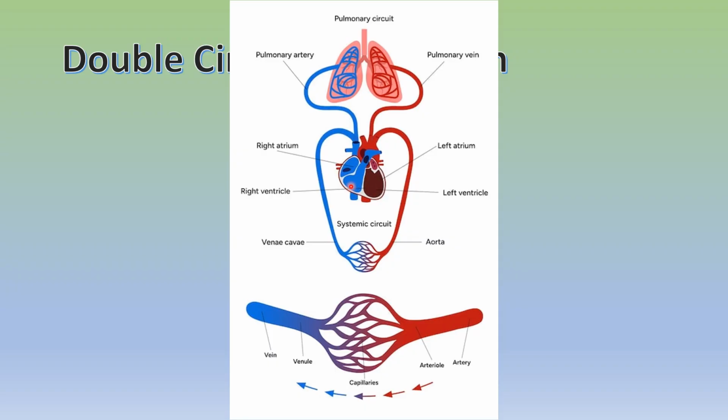The blood also goes from our heart to the body, which is the systemic circuit, and returns to the heart. All blood that leaves the heart has to travel via an artery, and all blood that is returning to the heart will travel via a vein.